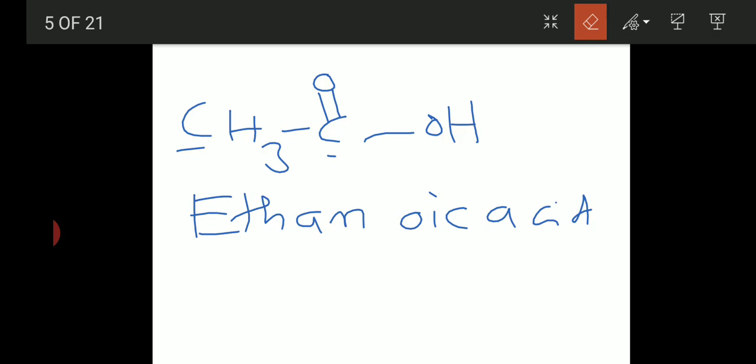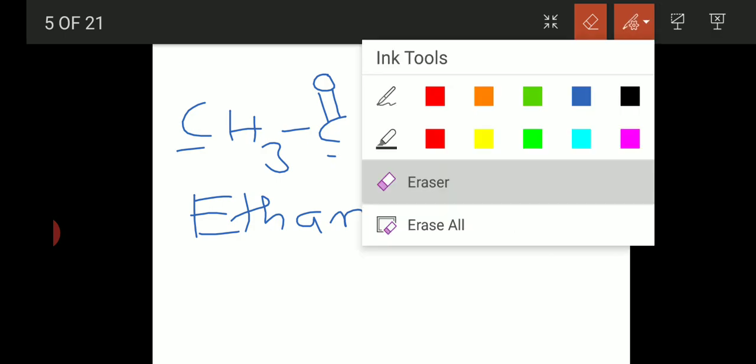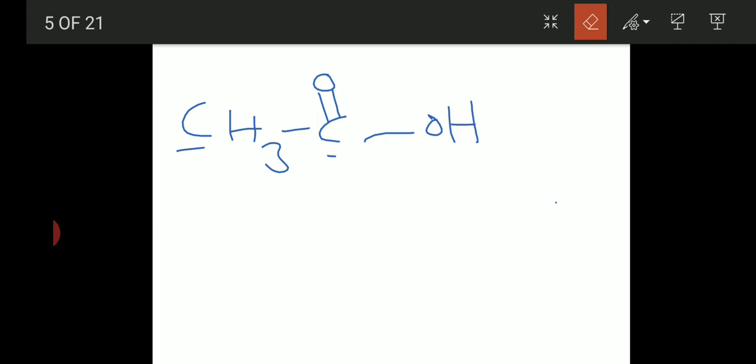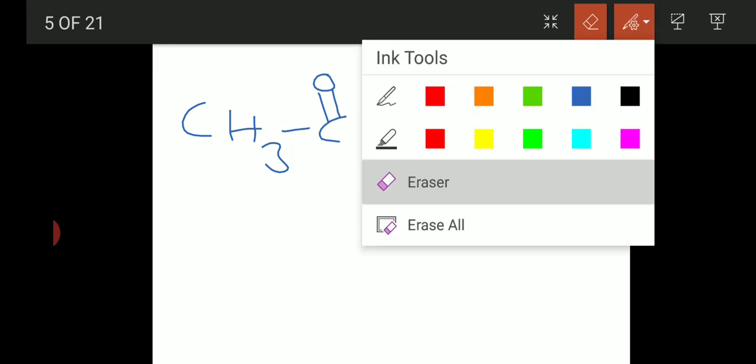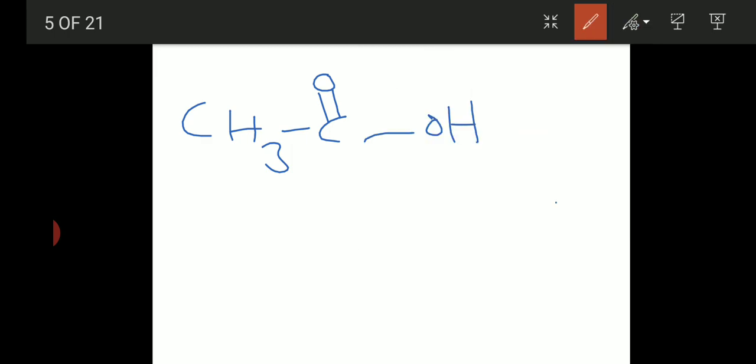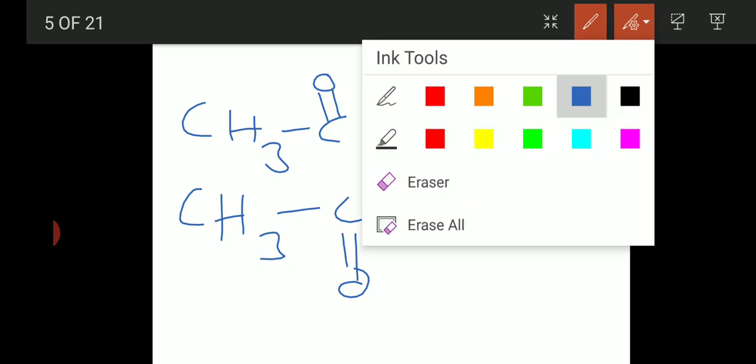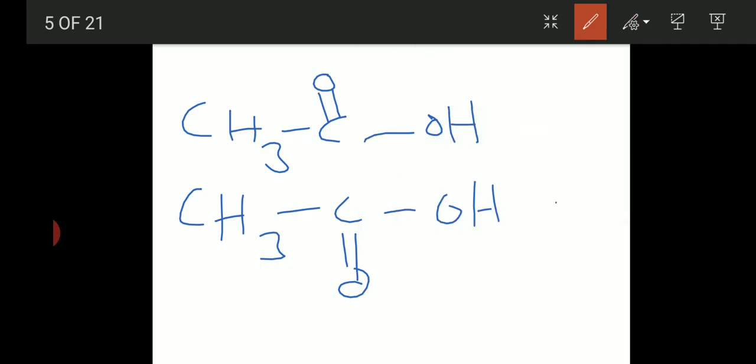Now take 2 molecules of ethanoic acid, one more molecule of the same, that is CH3COOH. Now for getting anhydride, what do we have to remove from this? Anhydride, removal of water, H2O.